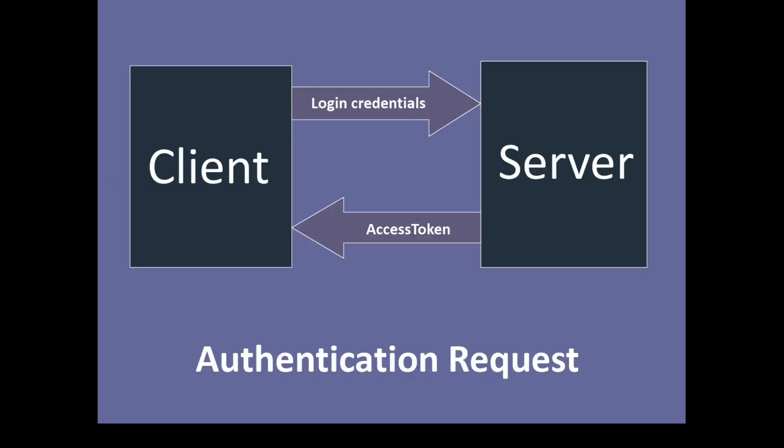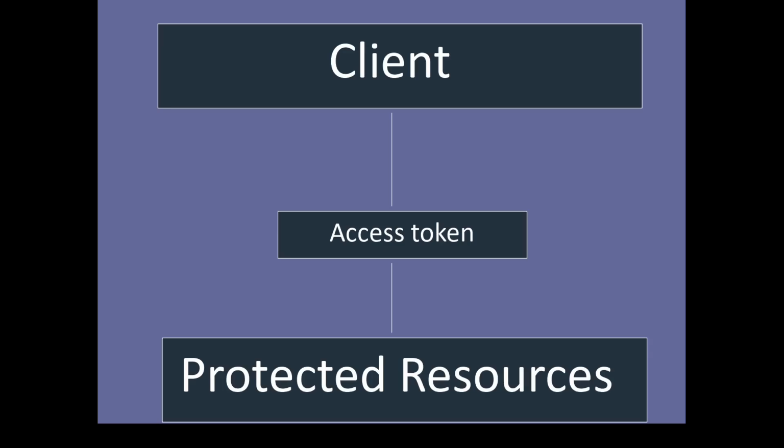This is how an authentication request and response look. The client makes an HTTP request and passes login credentials, and in return gets the access token. Now the client passes that access token to the server and gets the protected resource in the response, but there is a limitation with access tokens.